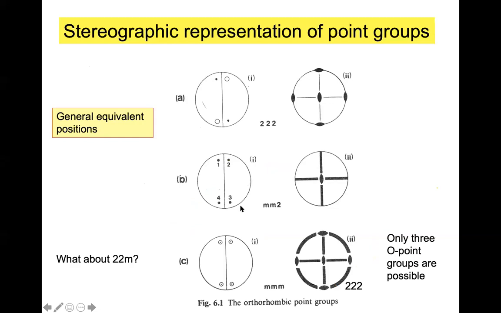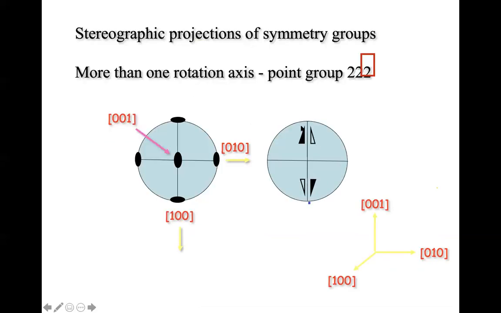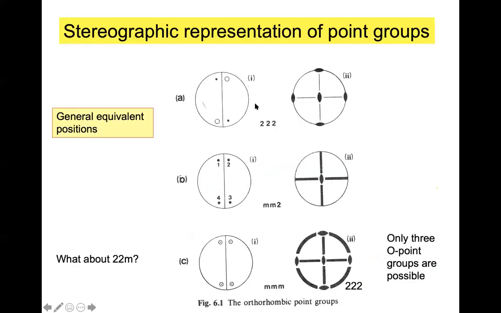Now I'm going to summarize all the orthorhombic point groups. 2-2-2, we saw just now. It created 4 positions. I will come back again. See, 4 positions. This is the symmetry elements and the equivalent positions. They are called general equivalent positions, X, Y, Z coordinates.